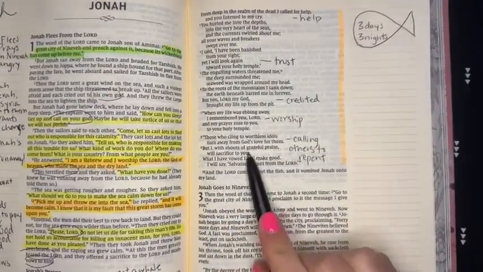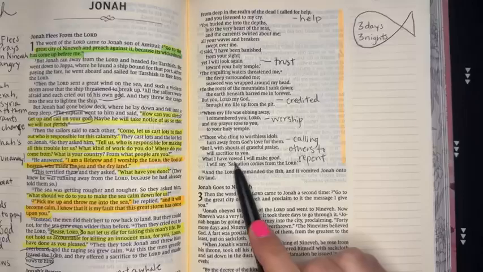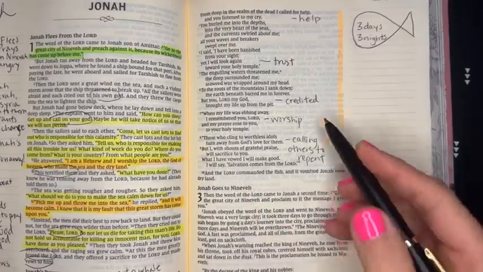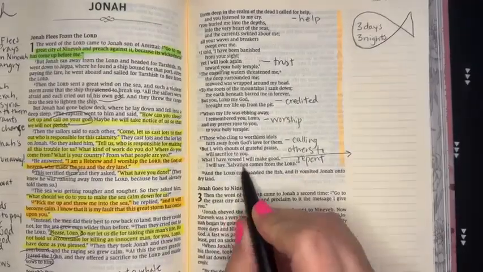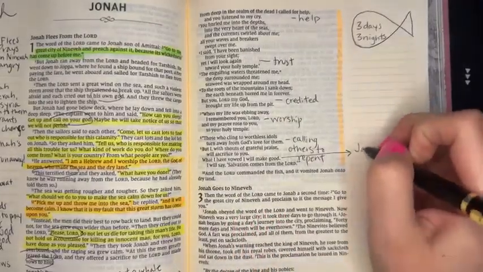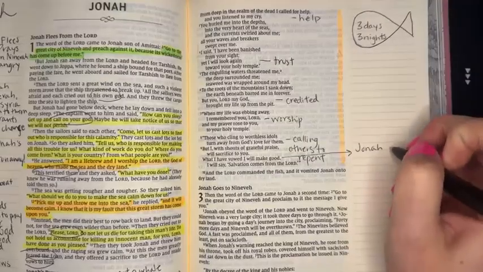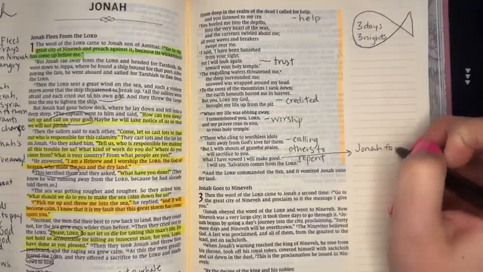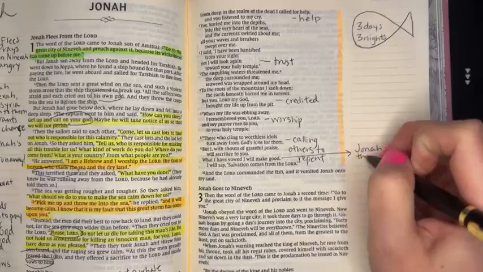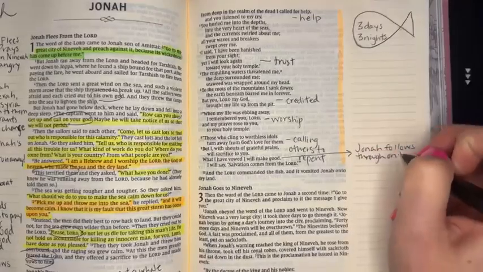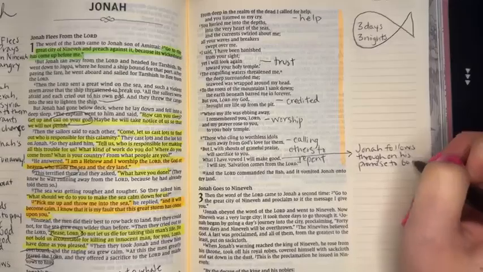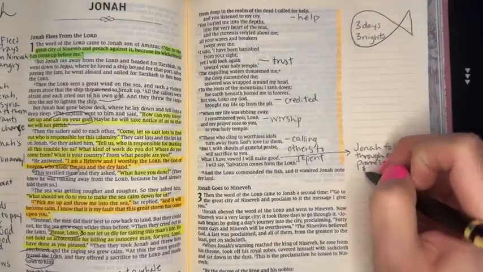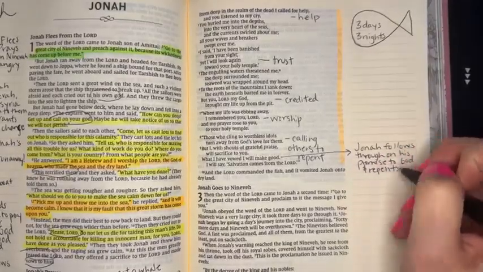But I with shouts of grateful praise will sacrifice to you. What I have vowed, I will make good. I will say salvation comes from the Lord. So he, right here, what I have vowed, I will make good. Jonah follows through on his promise to God and repents.